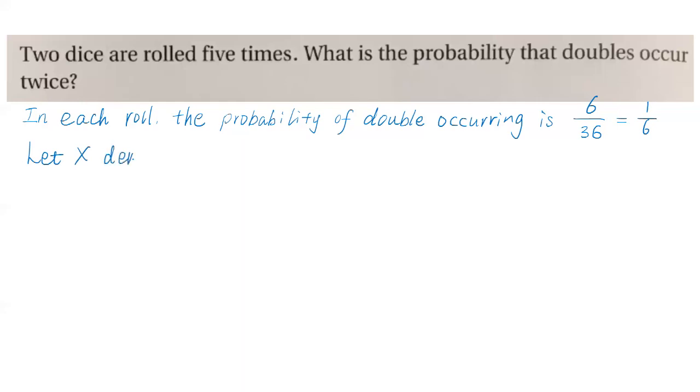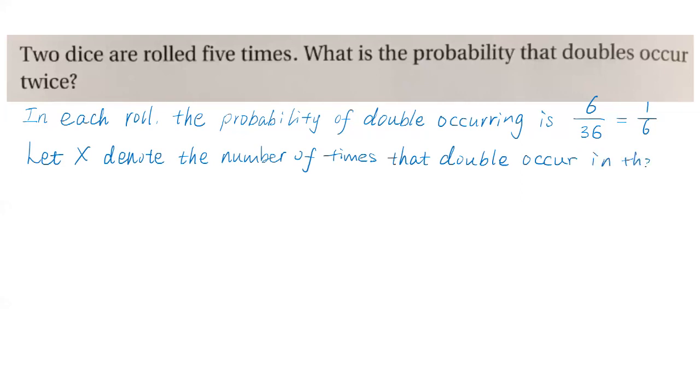Okay, let X denote the number of times that a double occurred in the 5 rolls. Then X is a binomial distribution, right?